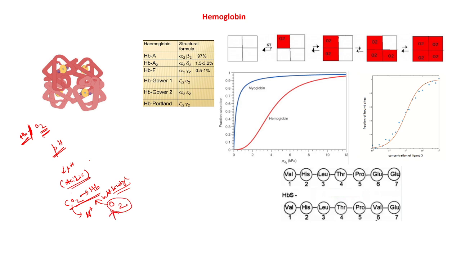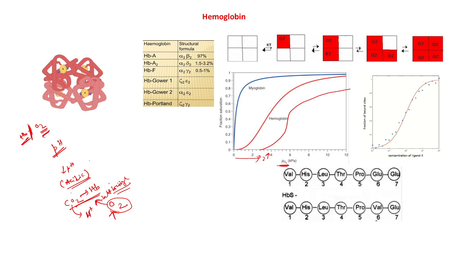So that's why, let's say this is the partial pressure of oxygen, or the concentration of oxygen. Now it shifts to this one. That means more oxygen is needed for the breakdown of carbon dioxide from the hemoglobin, the carboxyhemoglobin.